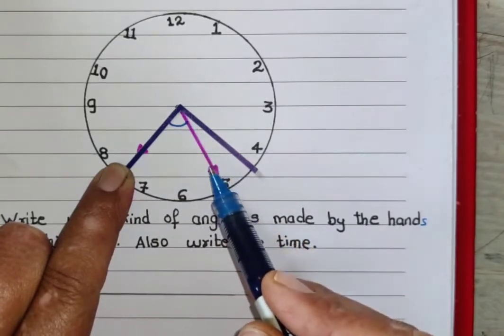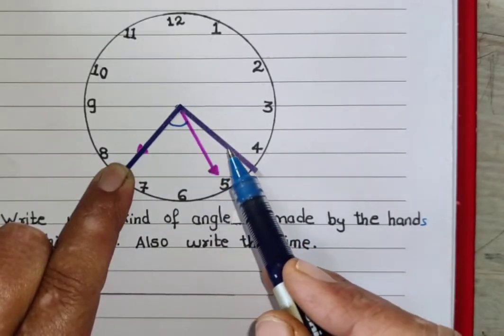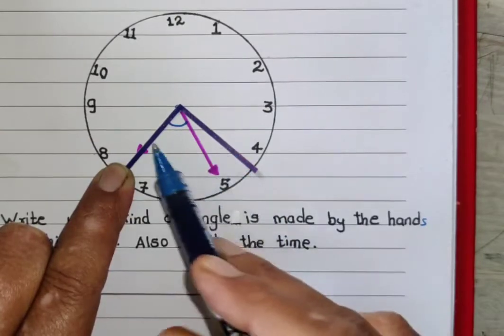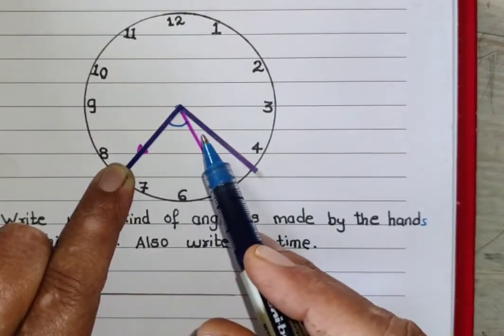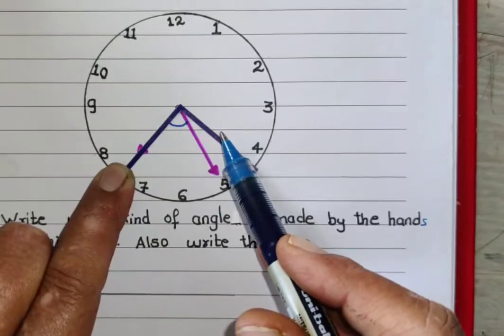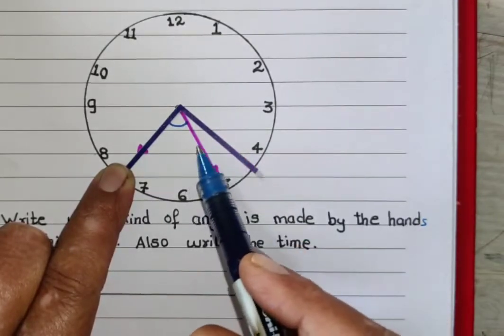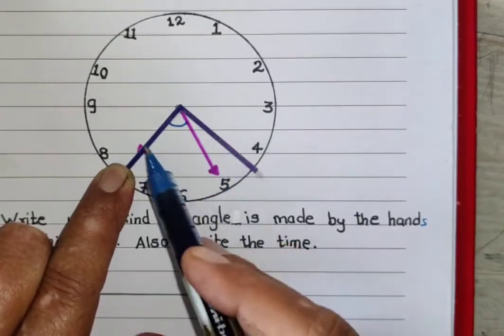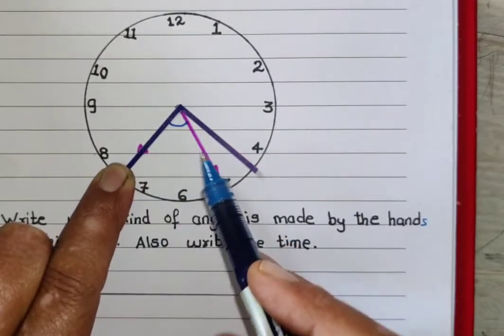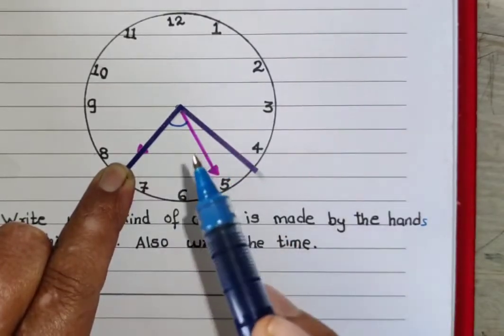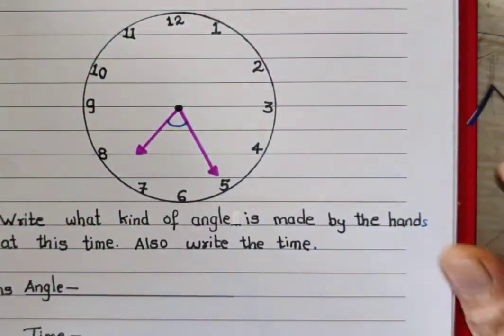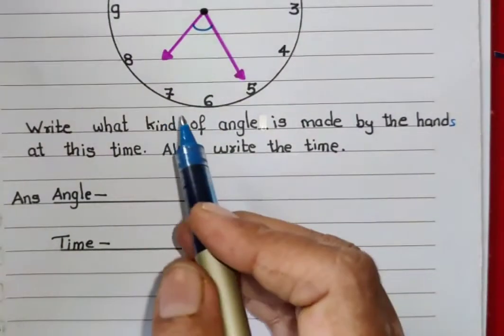See, the second arm has not yet reached the 90 degree. If both had overlapped, we could have said it is a 90 degree angle, but it is less than 90. It is within 90. The second arm is within these two arms. Then we can say that this is less than 90, that is an acute angle.